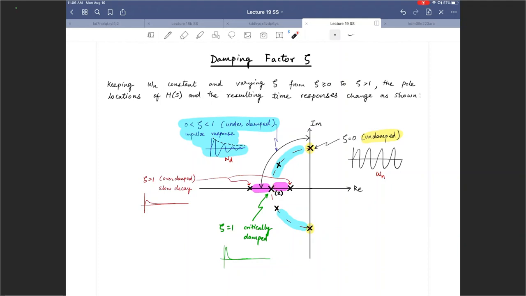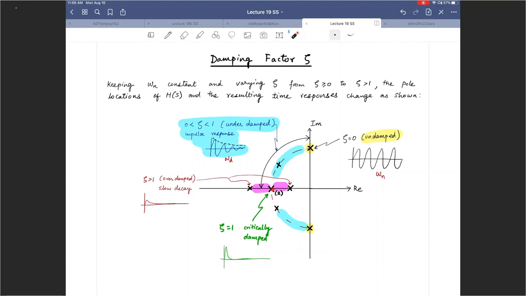That's called the underdamped system. This is where zeta is between 0 and 1. When zeta is 1, both poles meet on the real axis. That's when you have a critically damped situation. The response has a faster decay, no oscillations.